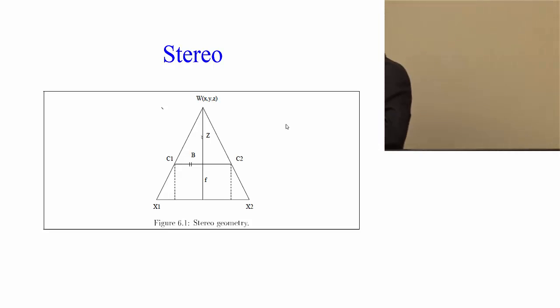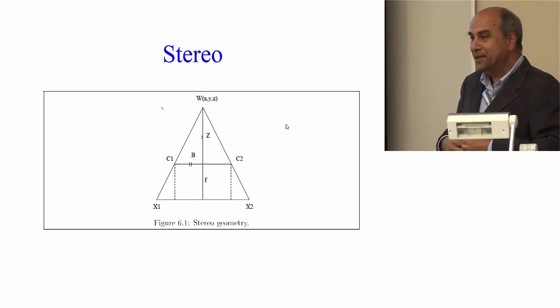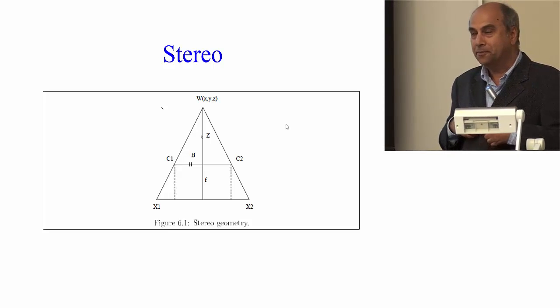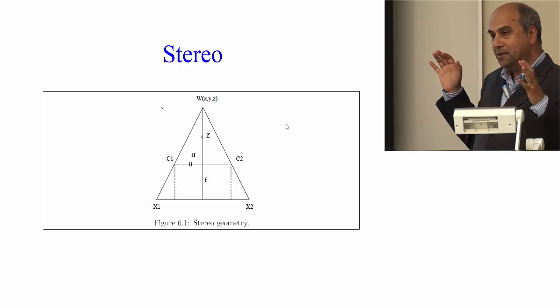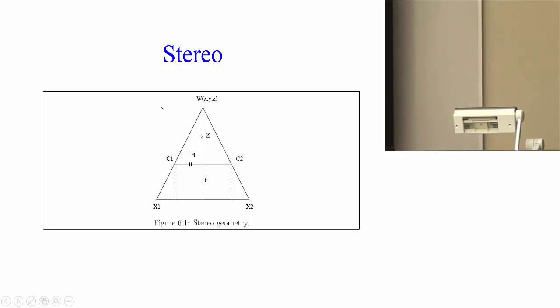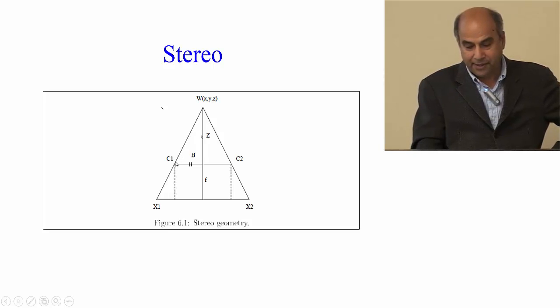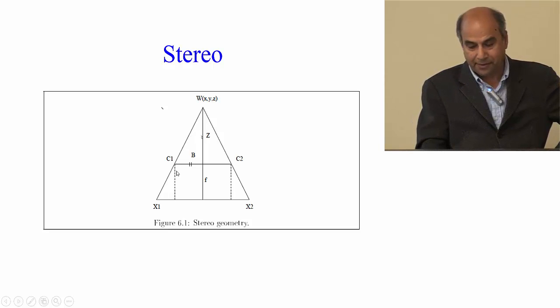So let's do the stereo. One application of this is in stereo, where you have two images and you are looking at a point in 3D. This is the first camera, this is the second camera, left and right camera.